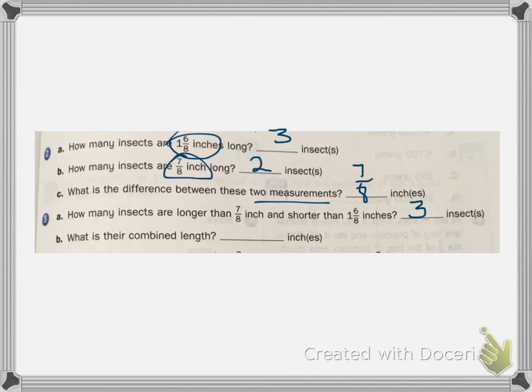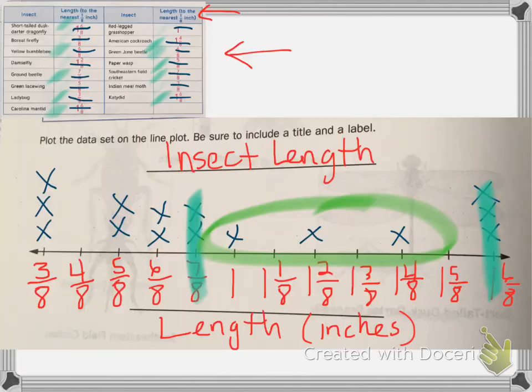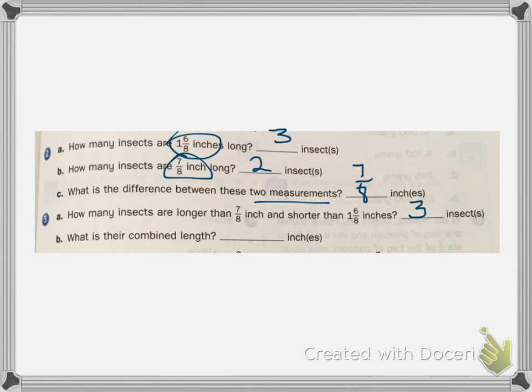Now it says, what is their combined length? So if you look, I have 1 right here, 1 and 2/8, and 1 and 4/8. And it says, what is their combined length? Well, what I need to do is add those.